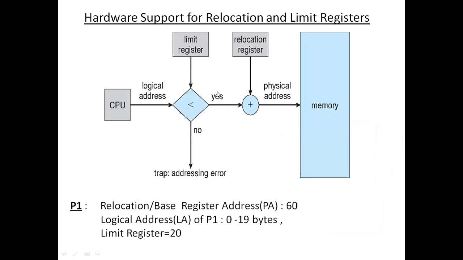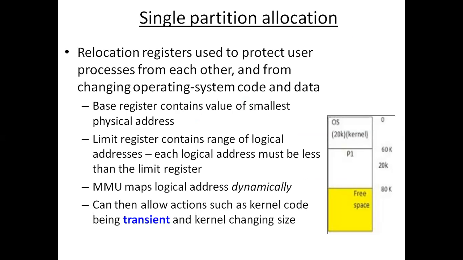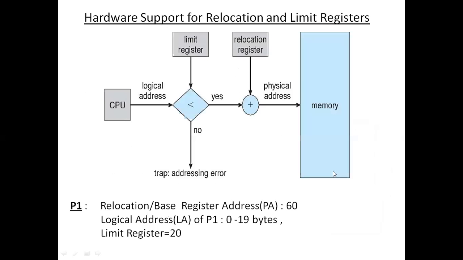There is hardware support which we had discussed in the previous class, but the reason for discussing it here again is that I'm not breaking the process into pieces. Since it is a single chunk of data placed in the memory, this hardware unit is good enough to make sure the right process is executed by the CPU.